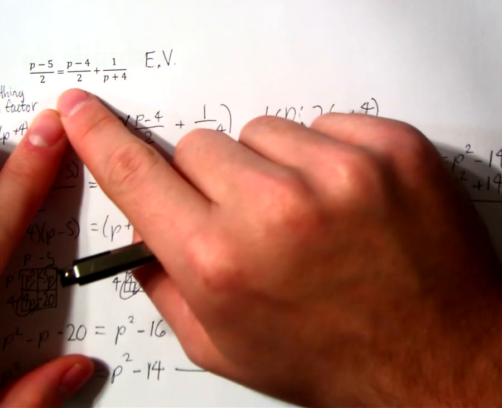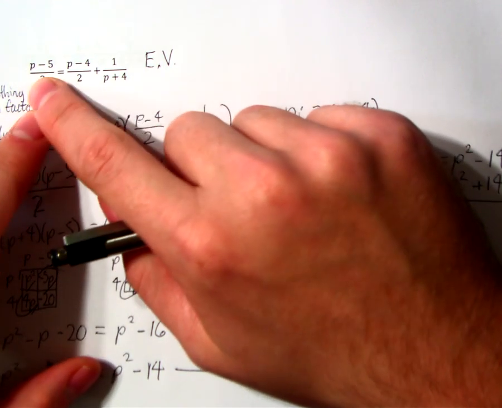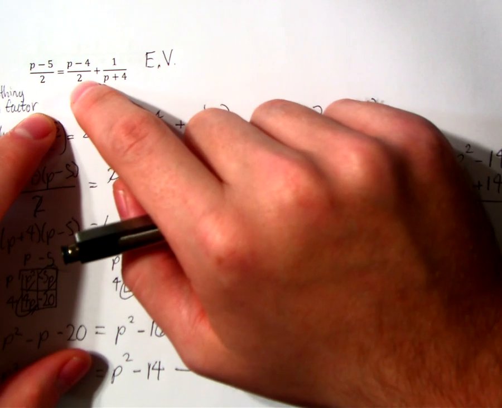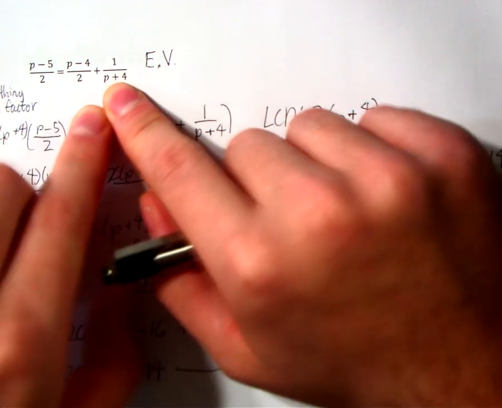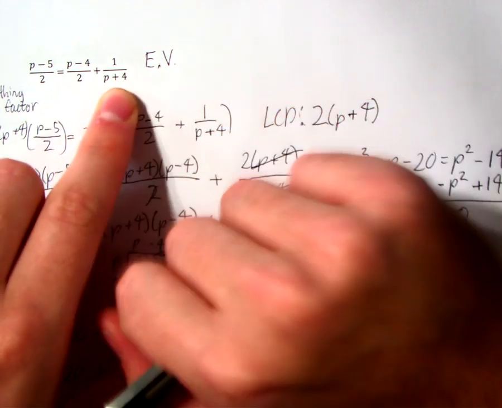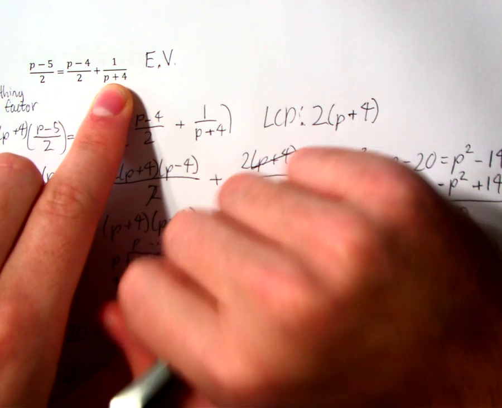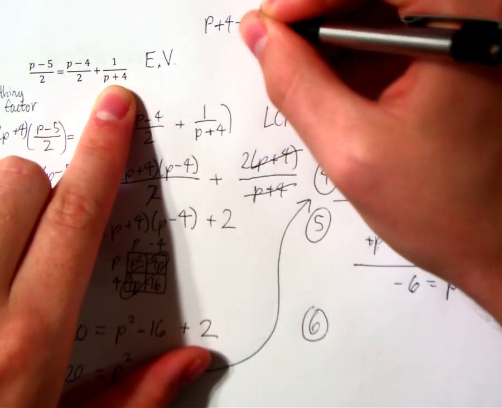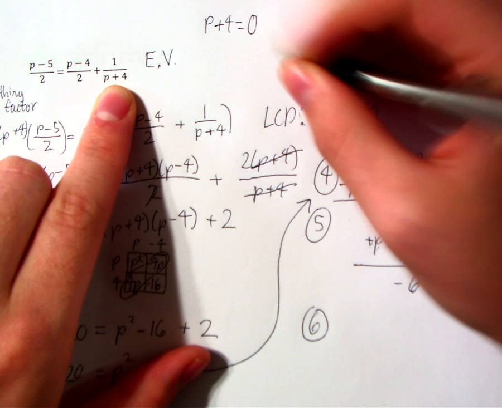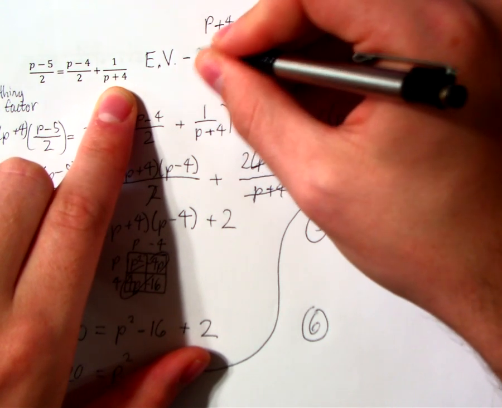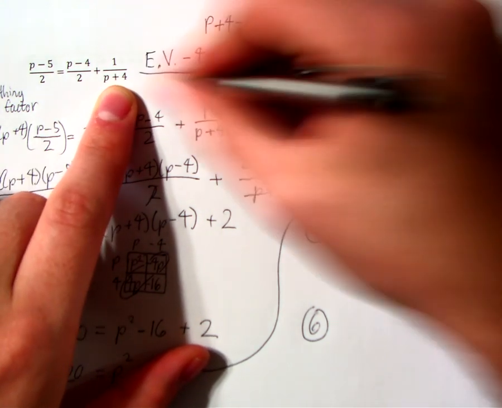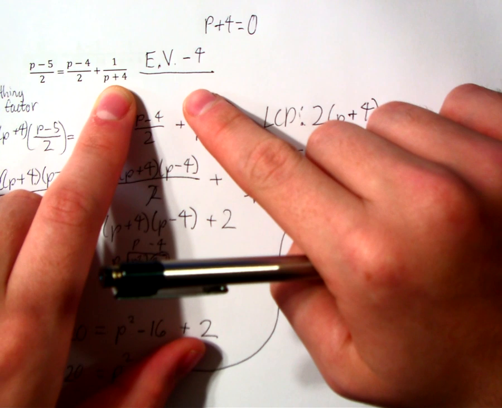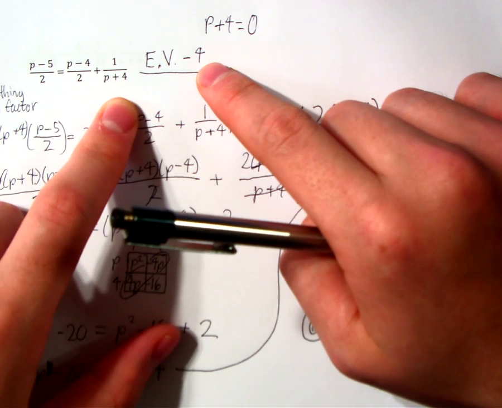These two denominators just equal 2. They always equal 2. They don't change. There's no variable in those denominators. This denominator here, p plus 4, that's where there's a variable in the denominator. When would p plus 4 equal 0? Well, it equals 0 when p is equal to negative 4. So the only excluded value for this whole rational equation is negative 4.